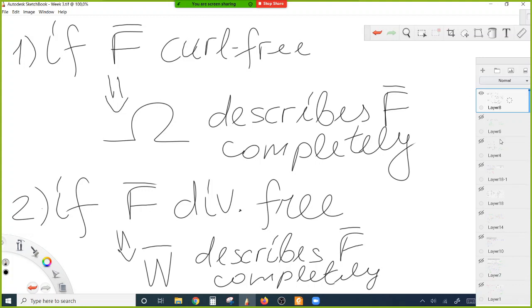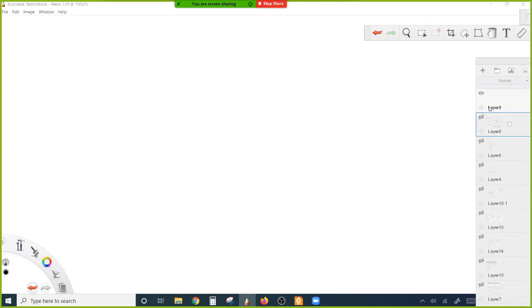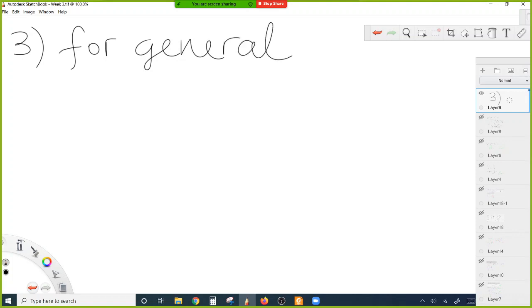If our vector field is neither divergence free nor rotor free, for a general vector field F, we are required to define both a scalar potential and a vector potential.